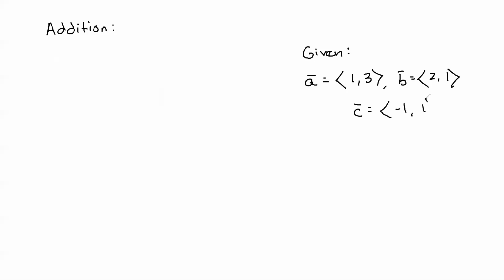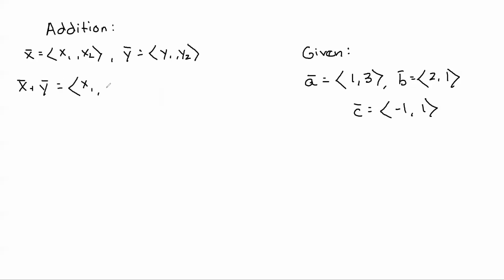-1, 1. Okay, so the definition for addition of vectors, algebraically, is if we had vector x as x1, x2, and vector y as y1, y2, then x plus y equals x1, x2 plus y1, y2, which equals x1 plus y1, x2 plus y2.